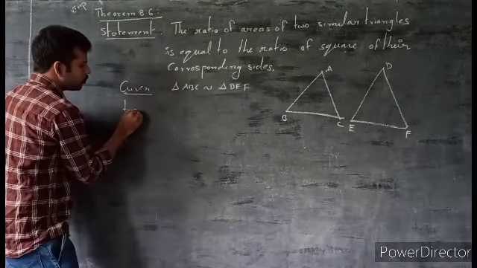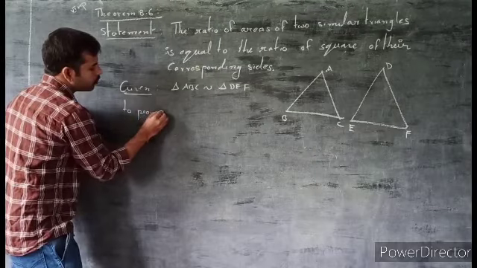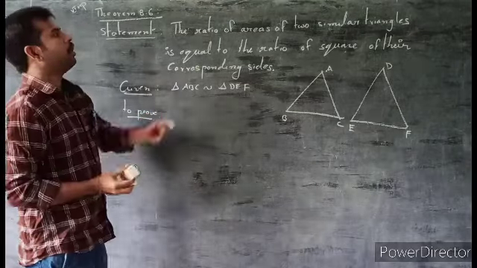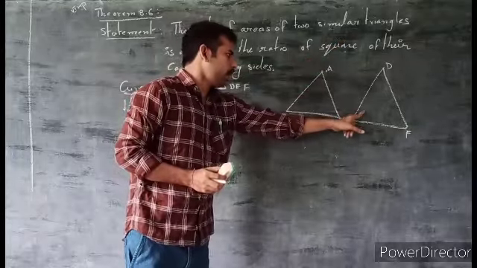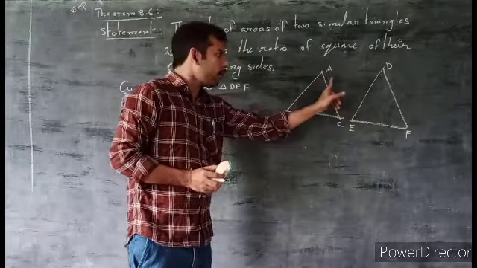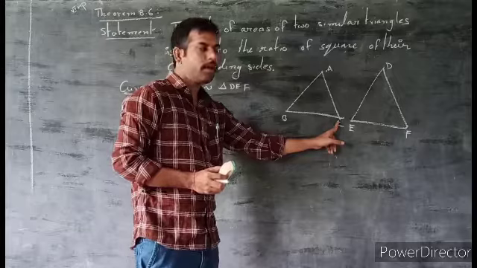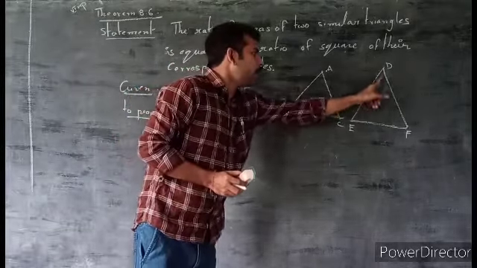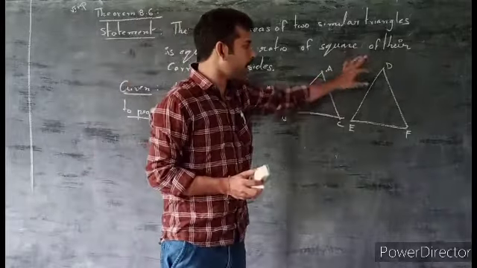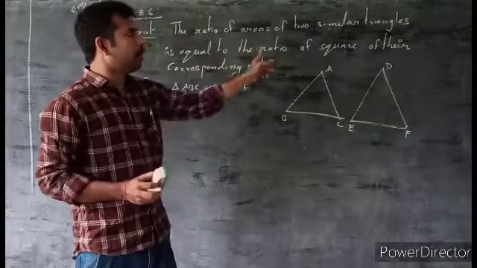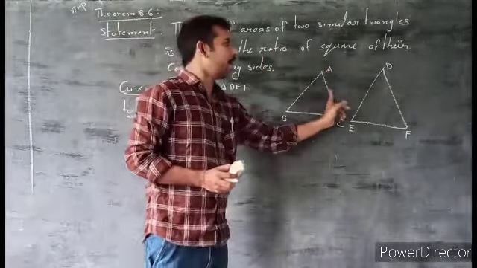Next, to prove. To prove means the ratio of areas of two similar triangles: area of triangle ABC by area of triangle DEF is equal to the ratio of the squares of their corresponding sides.